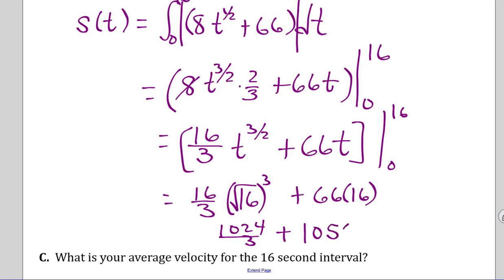All right, when we add these two together, it's approximately 1,397.33, and this is going to be in feet.